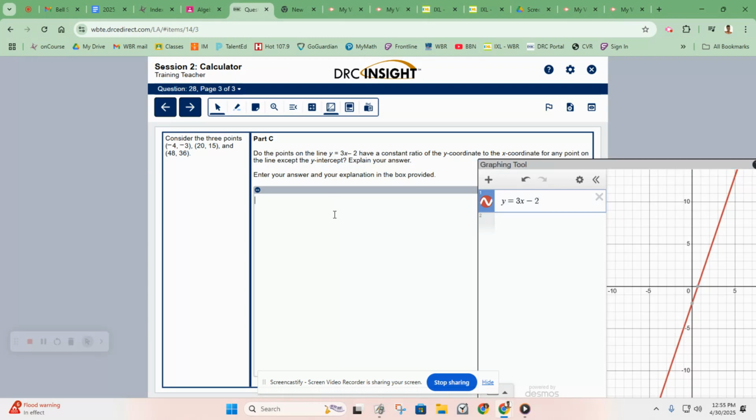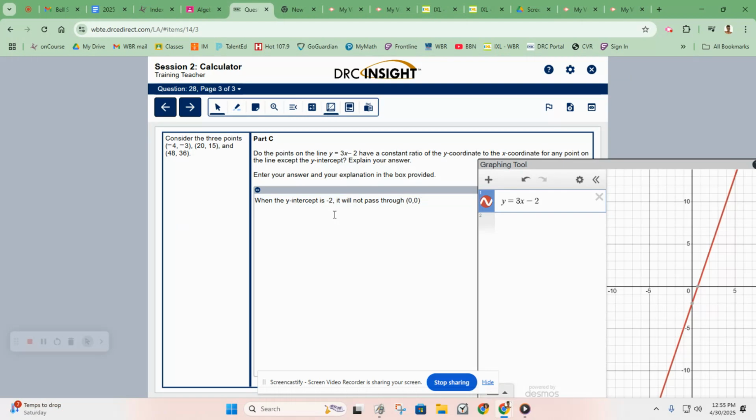When the y-intercept is -2, it will not pass through the origin, or through the ordered pair 0, 0, whichever one you prefer, calling it the origin or naming the point 0, 0.